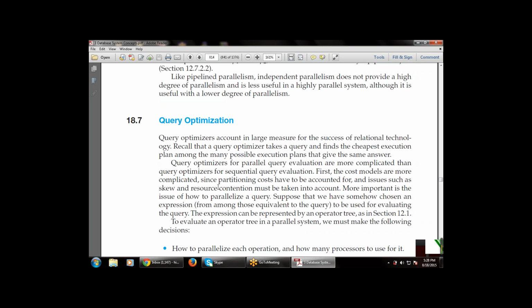How to parallelize each operation, and how many processes to use for it, that is, how much parallelism to use for each operation.